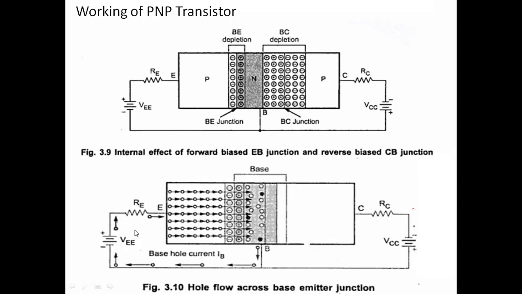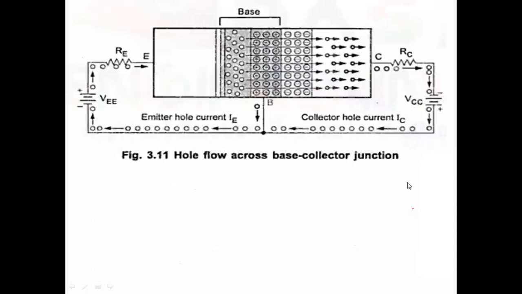This is the input side, and this is the output side. You can observe this is the collector hole current. The more number of holes cross this depletion region between base and collector and enter into the collector region, and the holes are attracted by this negative terminal, and due to that we have the collector current IC.